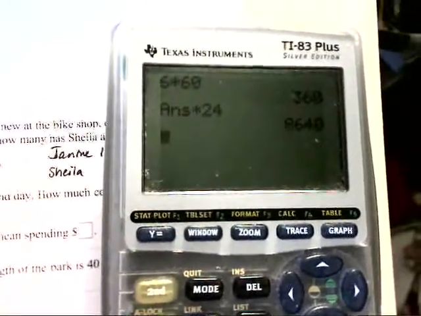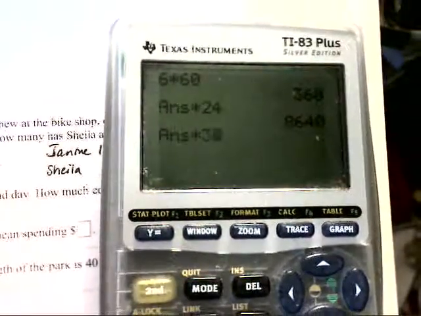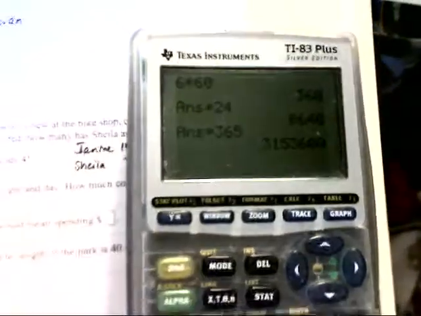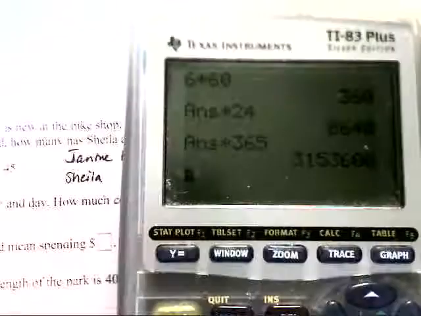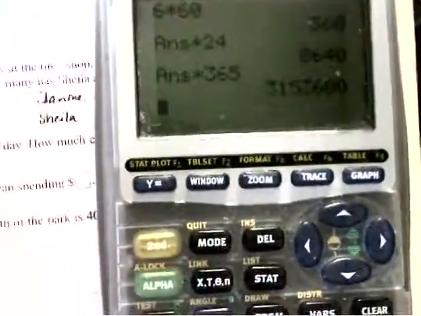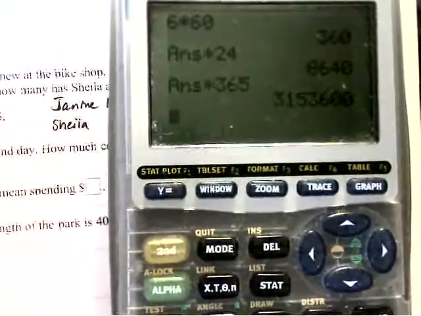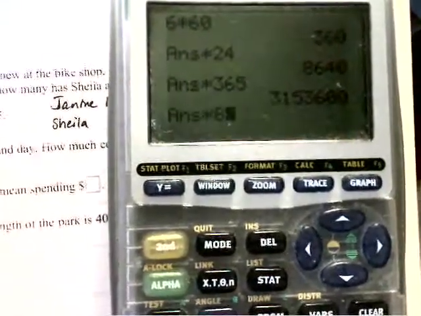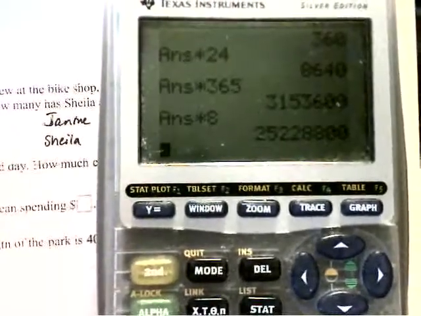And there are 365 days in a year, so multiply that by 365, and you have $3,156,600 in a year.